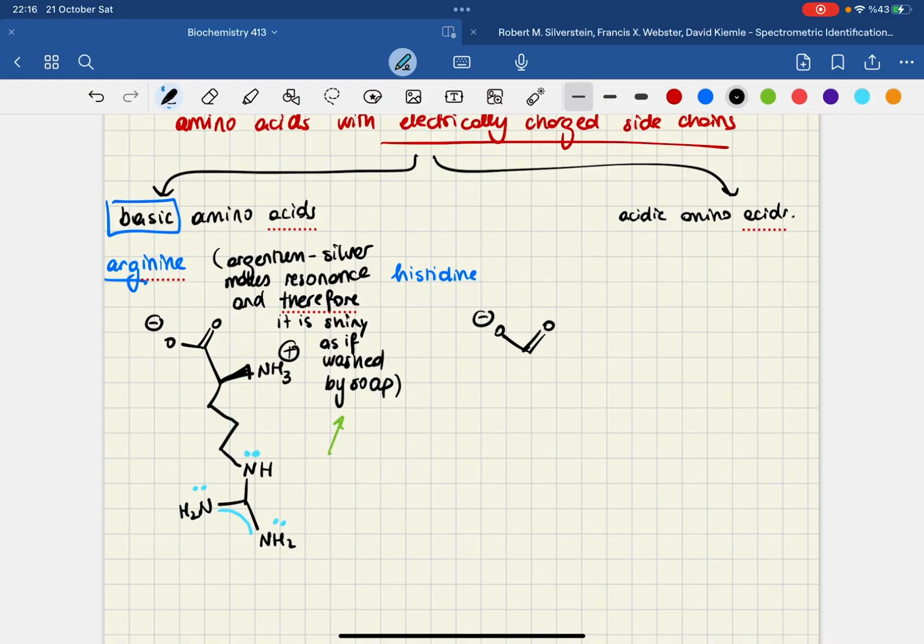We have our carboxylic acid, and then we will have our R group. We will have our nitrogen amino group attached with a positive charge, and then we have 1 carbon over here. With arginine we had 3 carbons. Let's count them.